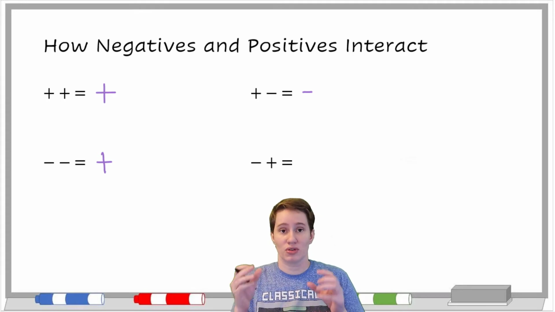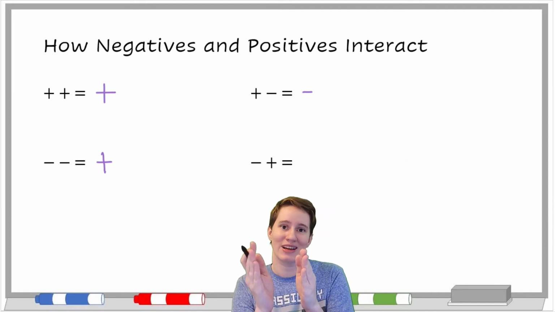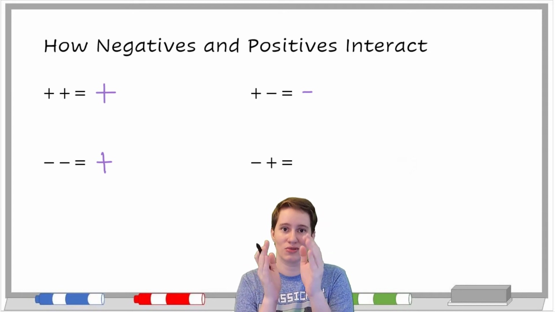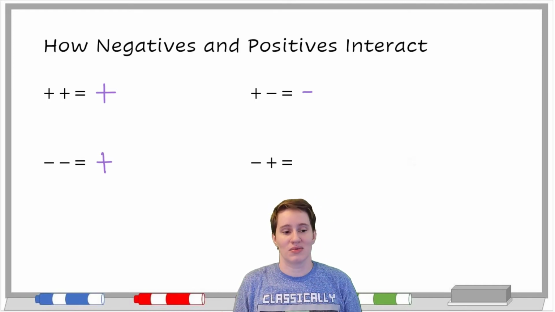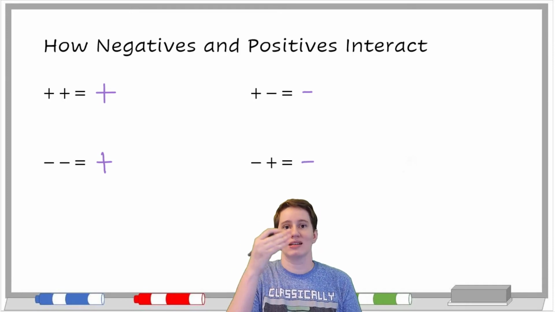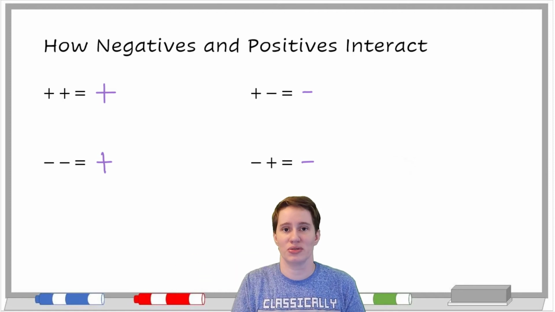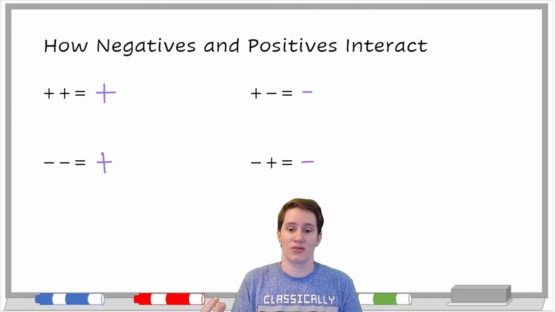But in math here, if we have two negatives next to each other, if I'm subtracting my debt, if I subtract my debt, I really gain something out of that. So negative and negative is a plus. And then bottom right, minus plus is also going to end up being a minus. So if I'm subtracting a positive, well, that's what we're used to with subtraction. Subtracting a positive number is just subtraction in general.